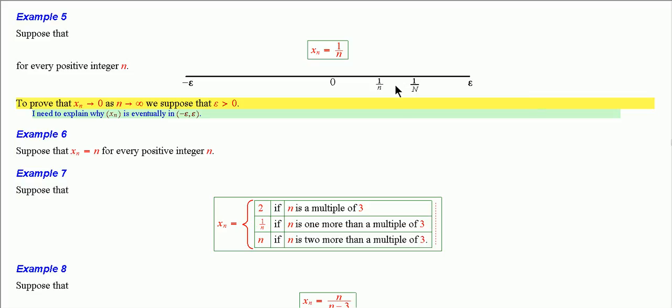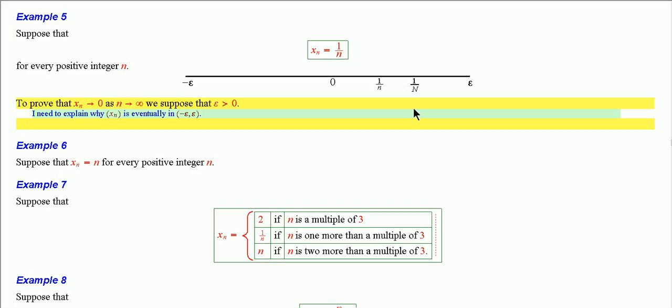What makes a number 1 over n get into that stick? It's not going to be to the left. It's on the right side, isn't it? And there's no question that what you need is that 1 over n needs to be less than epsilon. Okay? So this is what we do.